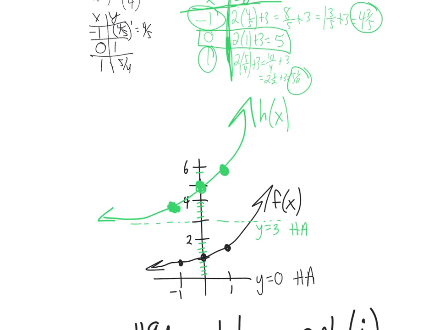And for the transformed function, h at x, c had a value of 3, which caused the vertical translation up 3 units. So the entire curve moves up 3 units, as well as the horizontal asymptote. And the shortcut is the observation that c equals 3 means that y equals 3 will be the equation of the horizontal asymptote, illustrated on the curve as well.